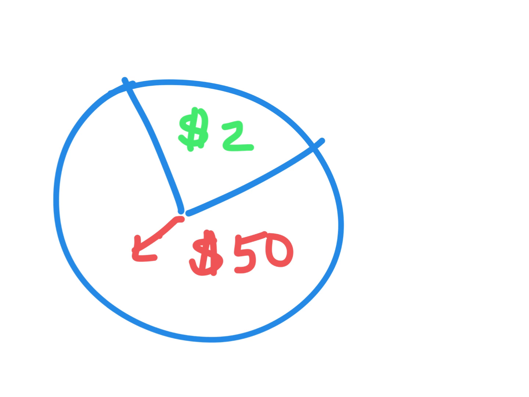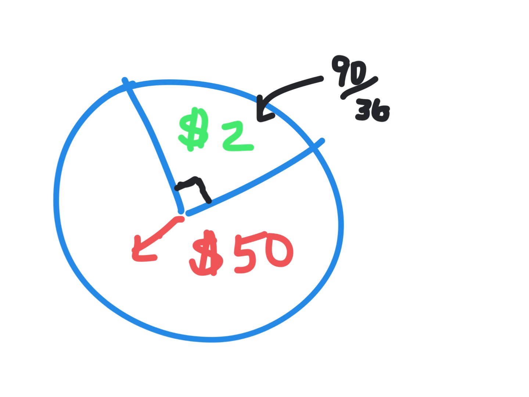Probably not. I'm going to say that that's a 90-degree angle. 90 degrees out of how many degrees is there total in a circle? 360. Then the probability of this is 90 out of 360.